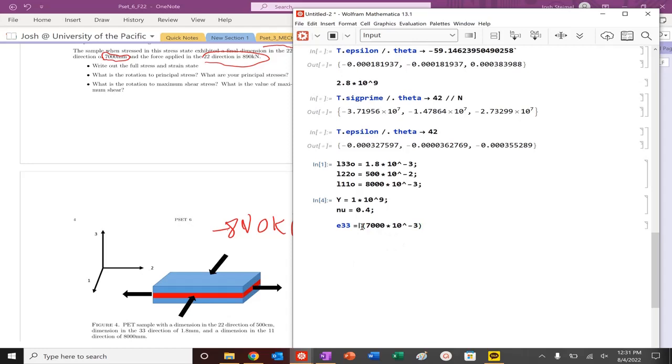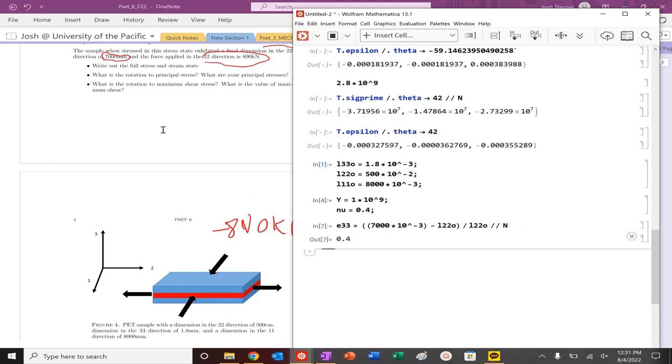So I can solve for my E22, which is equal to that final dimension minus L22 naught, divided by L22 naught. So that is my strain in that direction.